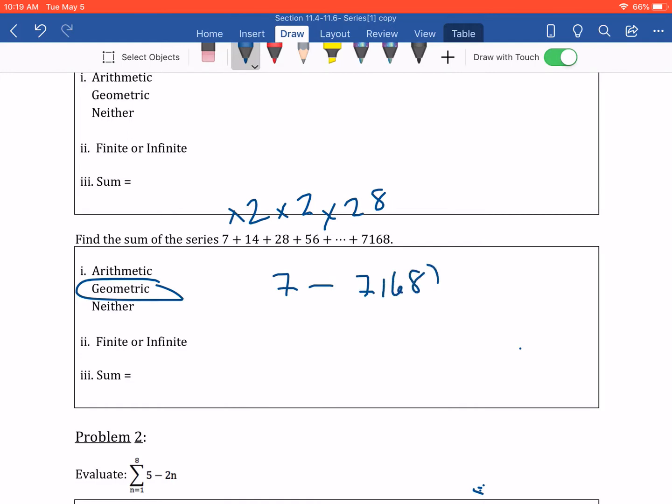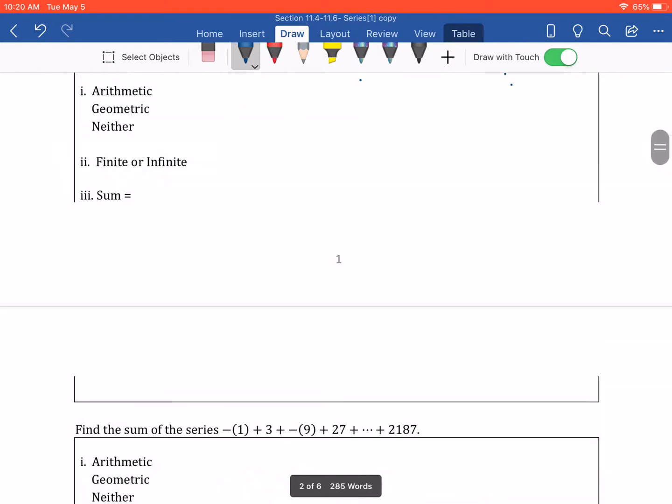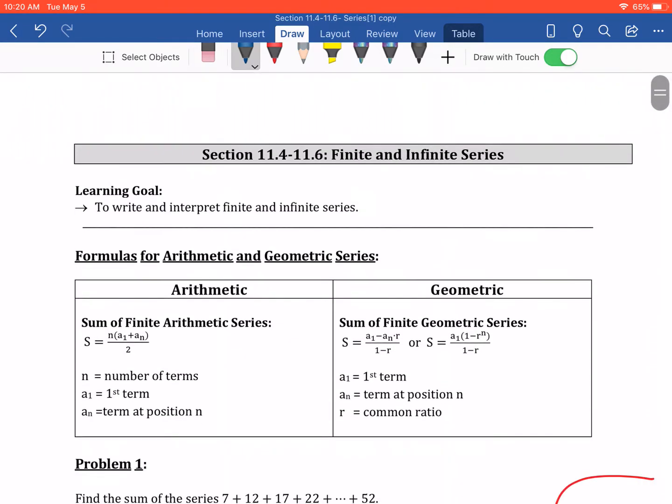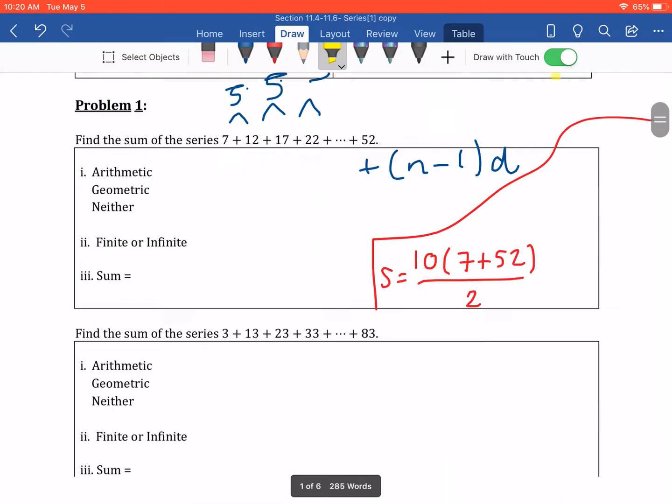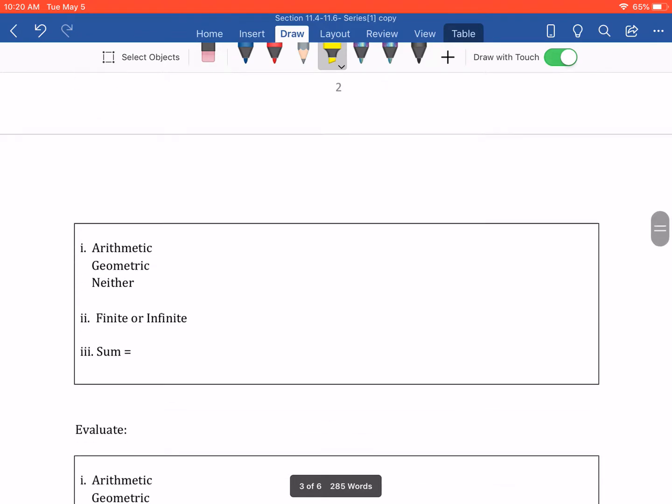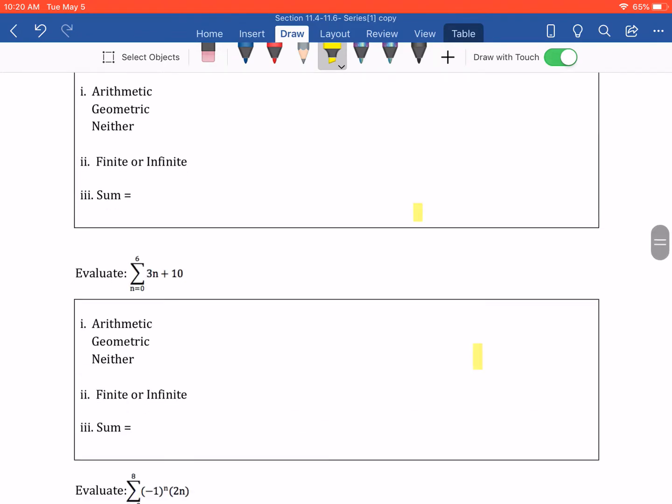So we're going to take a sub 1 minus 7,168 multiplied by our ratio, our r, which in this case is a 2, all over 1 minus that ratio, which is 2. And if you're unsure where to find this equation, go back to the top of your paper, and that equation is right here.